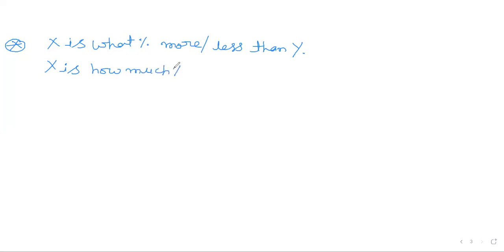X is what percent more or less than Y. Okay, X is how much percent more or less than Y. Okay, you can see here X is what percent more or less than Y. Okay, X is how much percent more or less than Y.